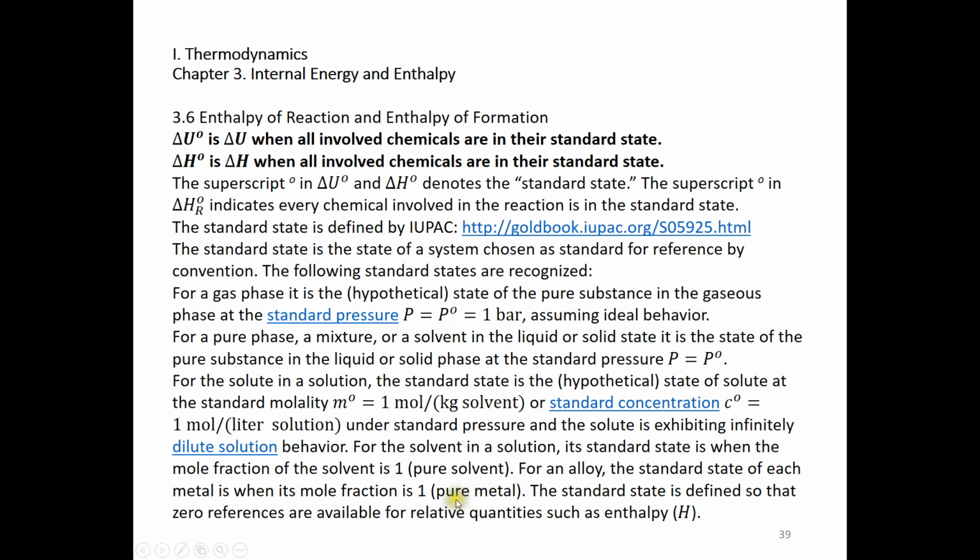But you can imagine there are two different metals forming this alloy, and if one of the metals has a mole fraction of 0.9999, and approximately this metal is in the standard state if it's under 1 bar pressure. The standard state is defined so that zero references are available for relative quantities such as enthalpy and some other thermodynamic properties.